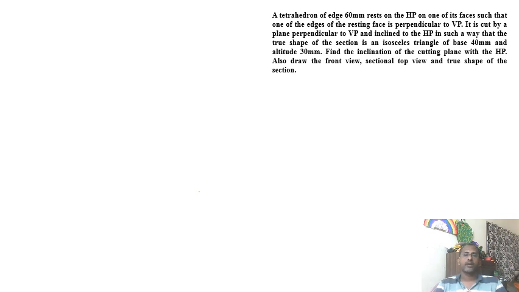It is cut by a plane perpendicular to VP and inclined to the HP in such a way that the true shape of the section is an isosceles triangle of base 40 mm and altitude 30 mm. Find the inclination of the cutting plane with the HP. Also draw the front view, sectional top view and true shape of the section.